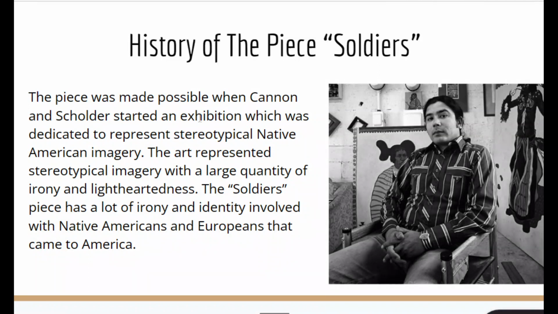The piece was made possible when Cannon and Scholder started an expedition together, which was dedicated to represent stereotypical Native American imagery. The art represented stereotypical imagery with a large quantity of irony and lightheartedness. The Soldiers piece had a lot of irony and identity involved with Native Americans and Europeans that came to America.